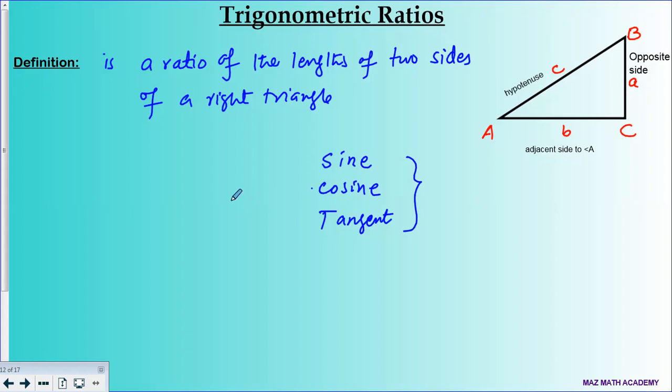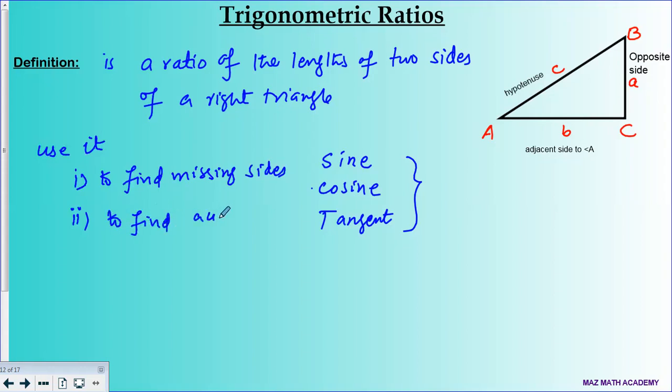We use trigonometric ratios, first, to find the lengths of missing sides of any right triangle, and second, to find acute angles of a right triangle.